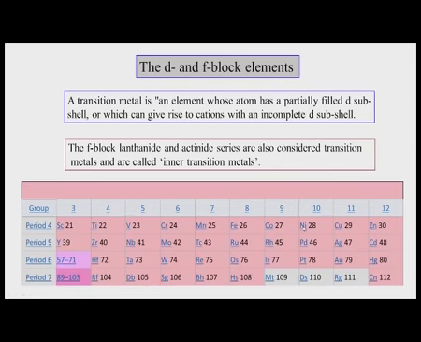Similarly, we can have palladium 2 plus or platinum 2 plus, and in all these cases we see the corresponding configuration in terms of occupancy of the D level will be 3D some number, then 4D some number, and then 5D some number.